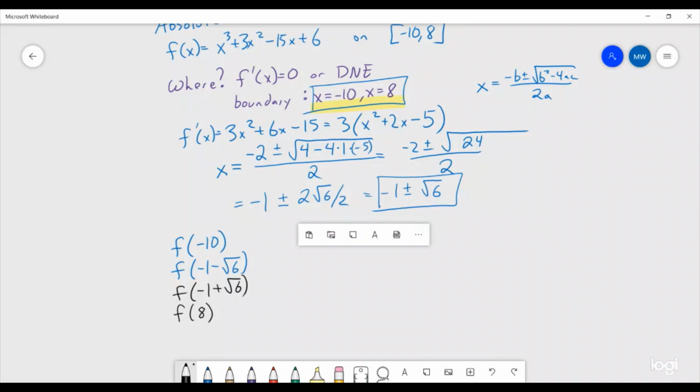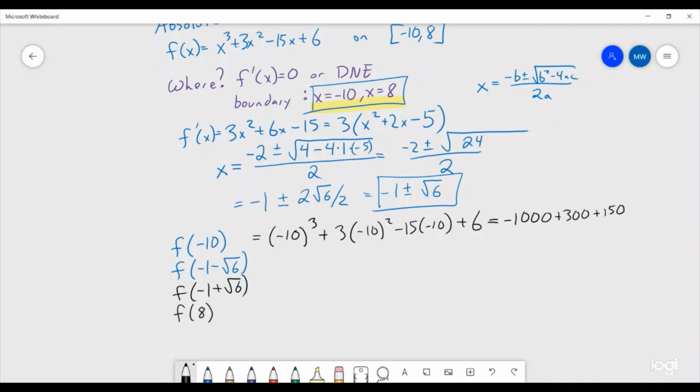So let's look at what these different values are. f of -10 is going to be -10 cubed plus 3 times -10 squared minus 15 times -10 plus 6. So that is -10 cubed, which is -1000, plus 300 plus 150 plus 6.